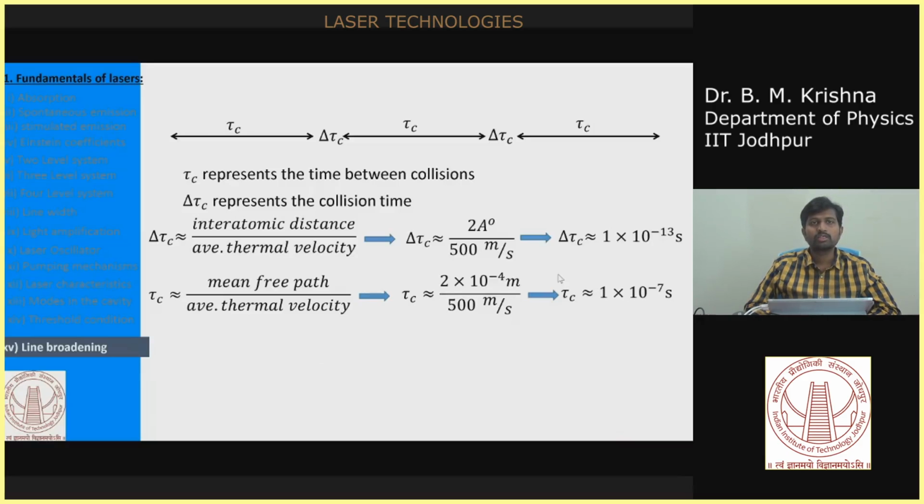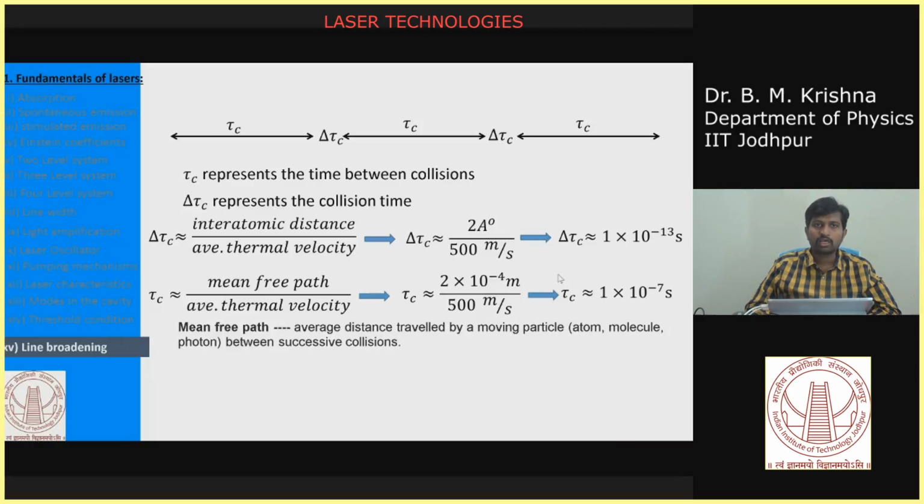Now if we compare the time between collisions and the collision time, there is a huge difference. Your collision time is much faster, almost instantaneous, and between two collisions you have a time gap on the order of microseconds. The mean free path is nothing but the average distance traveled by a particle, in our case atoms, between two successive collisions.